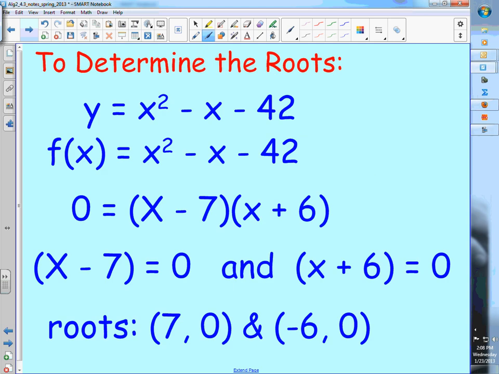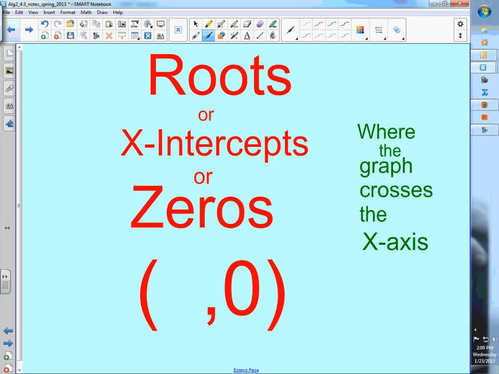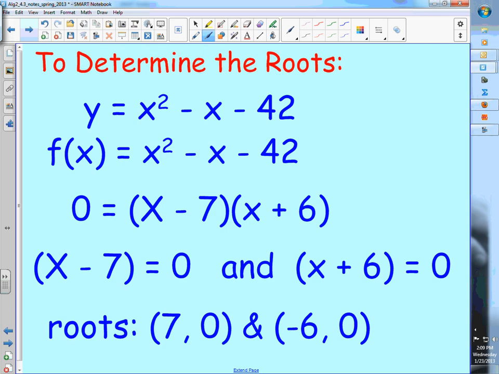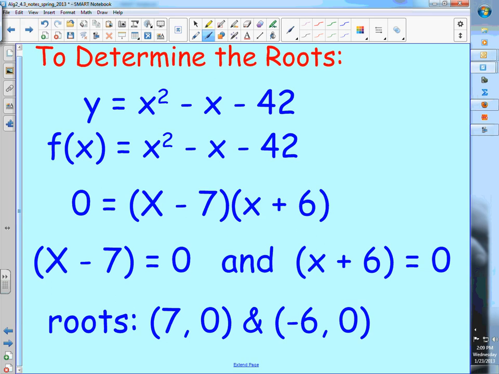Determining the roots. Now, instead of a 0 equal, we have y equals, or function notation, f of x, g of x, h of x, equals. If you want to find the roots, we replace the y value with 0, because we know every root has a y value of 0. So if I want to find them, we set it equal to 0, and we factor, and then set each factor equal to 0 to get our roots. 7, 0, negative 6, 0.